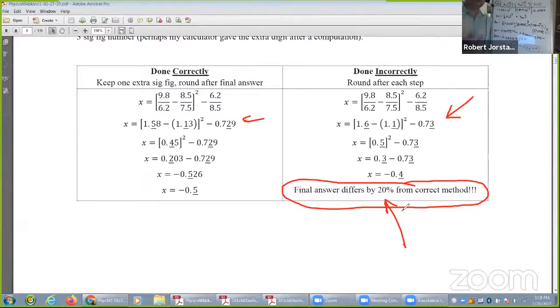But if you start rounding early in a problem, you could easily be off by 5%, and that could cost you points eventually. Certainly if you do it in a Canvas quiz. So it's important to keep the extra digits. That's why I say this is where I should round. That way, when I get to the end of the problem, I say, oh, okay, this was off in the hundredths column. This was off in the tenths. I keep the crappier column, that's the tenths, and then I round there. And so when you do this, that stuff works out.